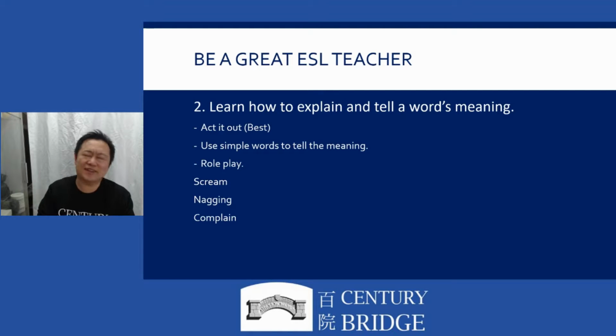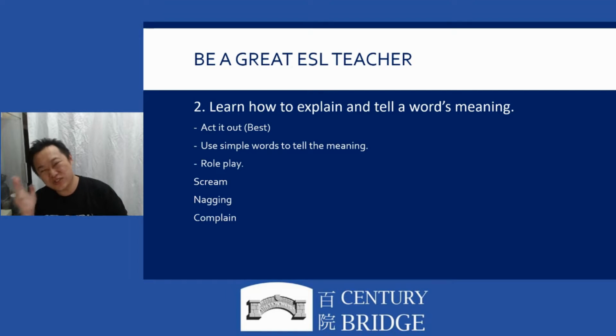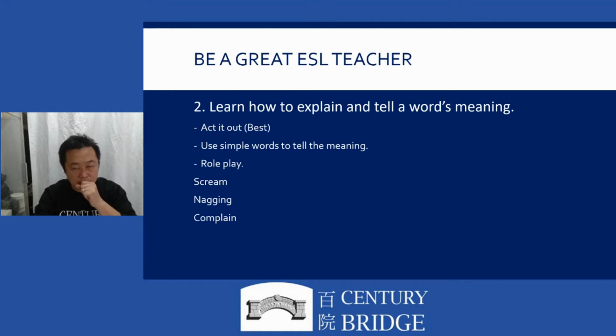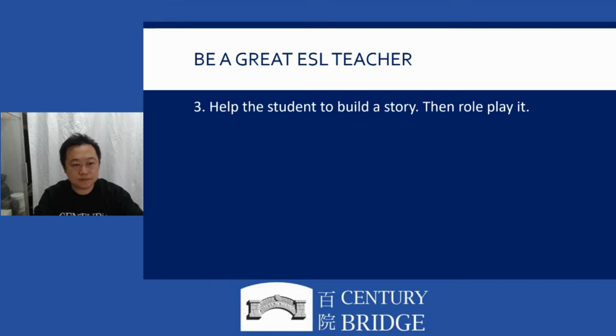My boss is like, he's crazy, and he talks and talks, and then he's always giving me too much extra work that is not my work, and he's like..." So that is complain. Usually when you role play it, it can also explain some words that are very difficult to explain with simple words. And the students like it too.